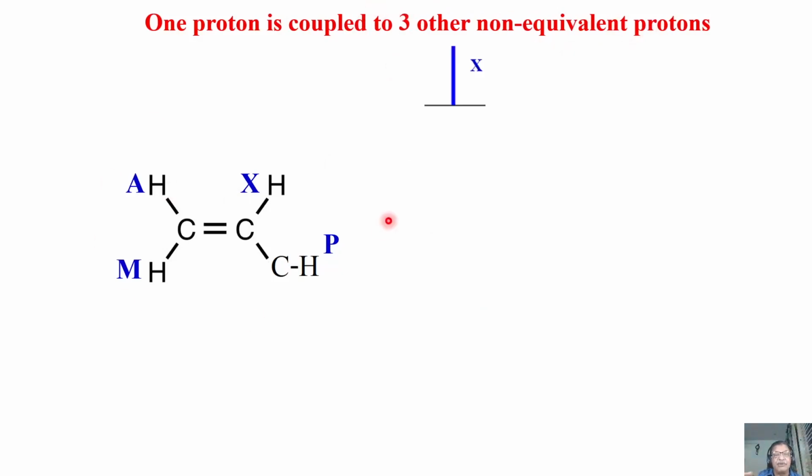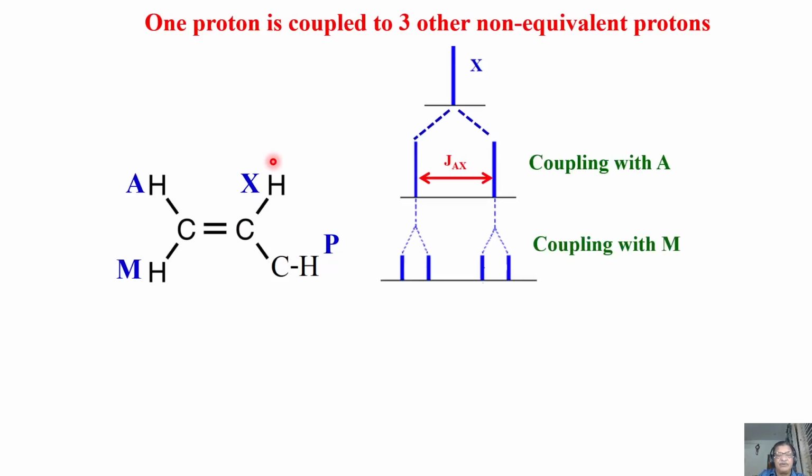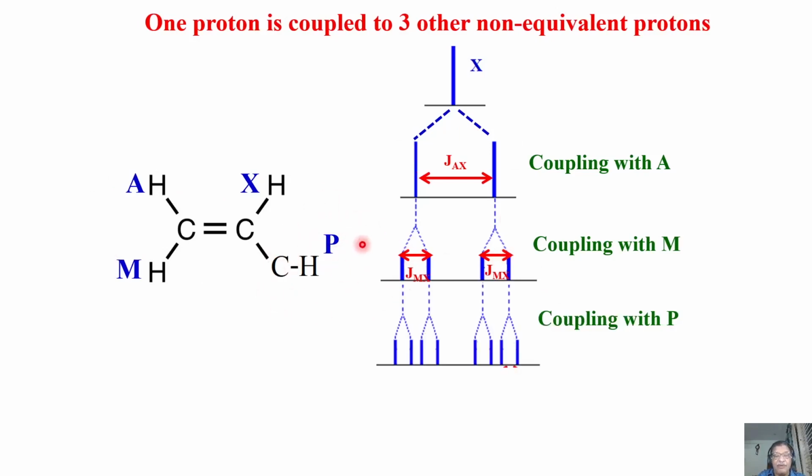So now this is a hypothetical molecule. Again, consider proton X. You understood coupling with A in the previous example. We understood this also. X will couple to A, doublet, and X will couple to M, doublet of doublet. Now what is the new thing? We have brought another proton, third proton, P. What will happen?